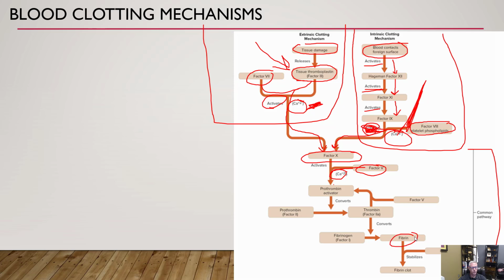And then thrombin activates factor 13, and that stabilizes this fibrin clot. Thrombin will also combine with factor 5 to produce this prothrombin activator as well. So our end result is going to be this fibrin clot, and that's what we want out of the clotting cascade.